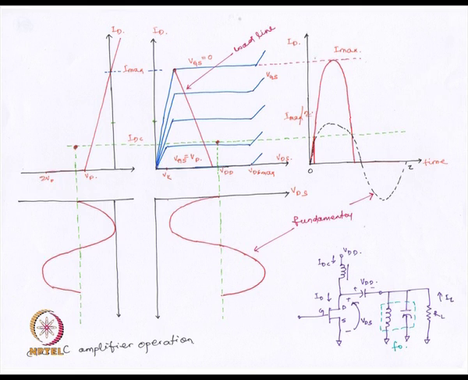VDS continues to remain a sinusoid, and my ID, because my transistor is conducting for less than half cycle or less than 180 degrees, the ID is also conducting for a period which is less than 180 degrees.